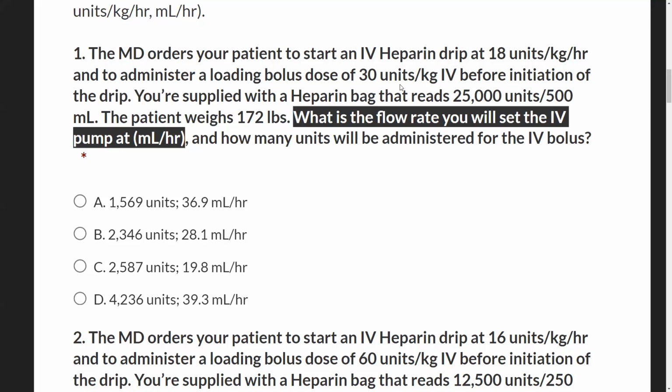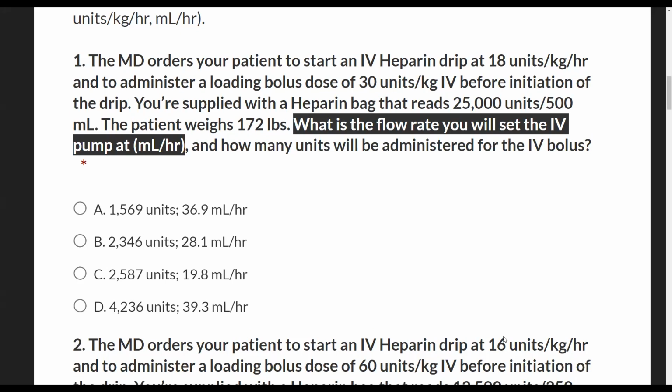All right, let's go to the whiteboard. Hopefully you wrote everything down. All right, here we are at the whiteboard. I leave everything in the calculator, okay? So I'm going to start with my weight, which is 172. And I'm going to divide that by my 2.2.